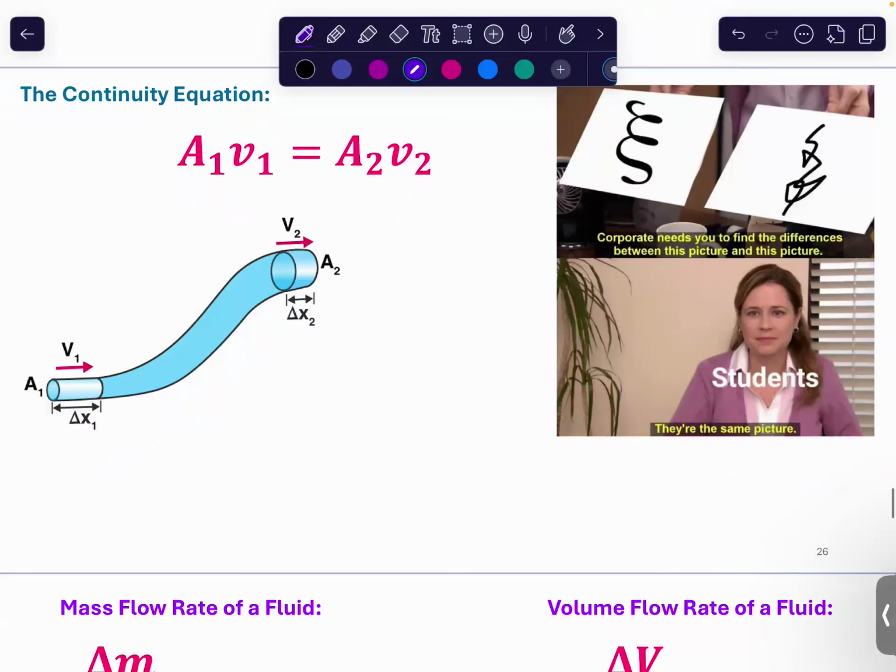Okay, so the first thing we can say is in a certain amount of time, delta T, we're taking a certain mass of water. We subject that mass of water to kinematics.